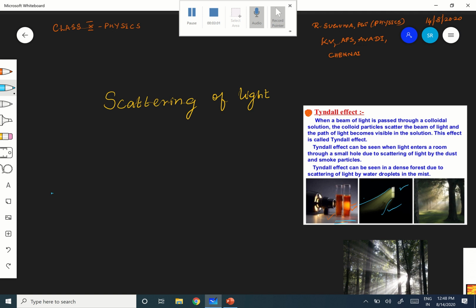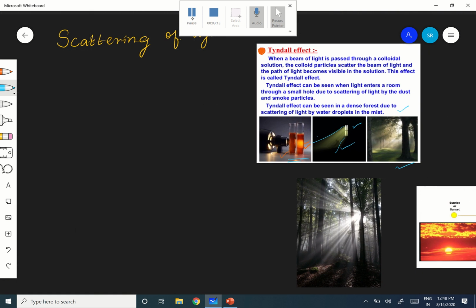Then the next one: Tyndall effect can be seen in a dense forest due to scattering of light by water droplets in the mist. See how nicely it is shown. There is the forest, and when the sunlight is coming, there will be water droplets suspended in the mist.